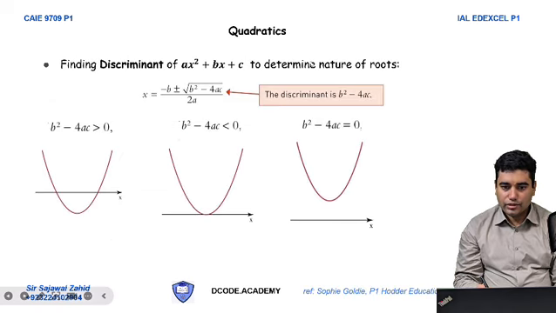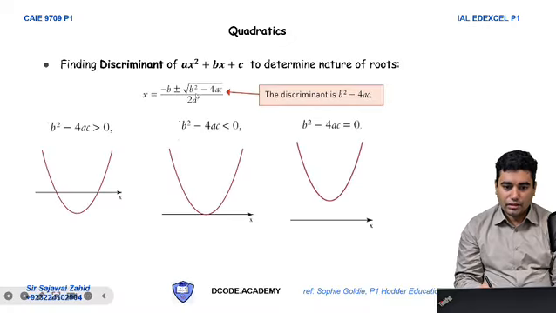The next topic in this chapter is how we can use the discriminant of the quadratic equation to determine the nature of the roots. A quadratic equation can cross the x-axis 2 times, so 2 real roots. It can be tangent, 1 root, a repeated root, or it may not cross the x-axis at all, no root.